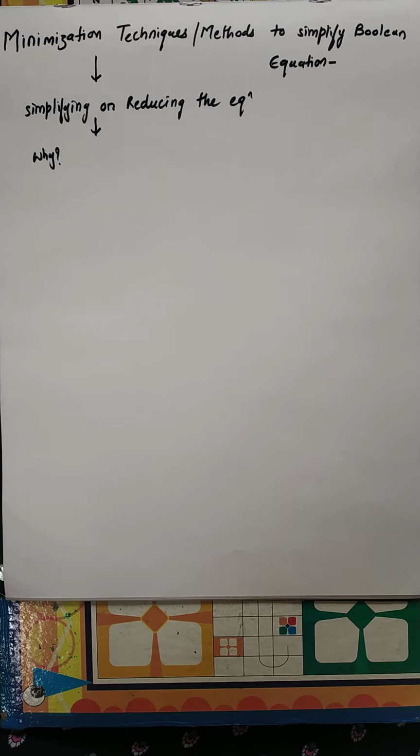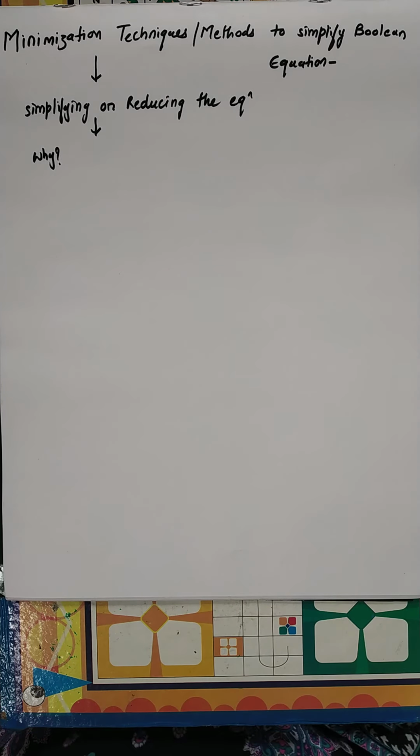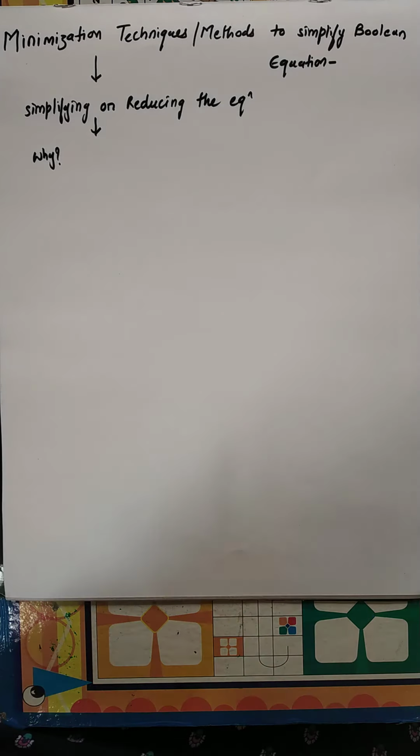Depending on that simplified equation, we can draw the circuit, and that circuit will be easy to implement, since the number of devices is less. It will be a simple circuit, and there are fewer chances of wrong connections. So that is why we are using simplification methods.